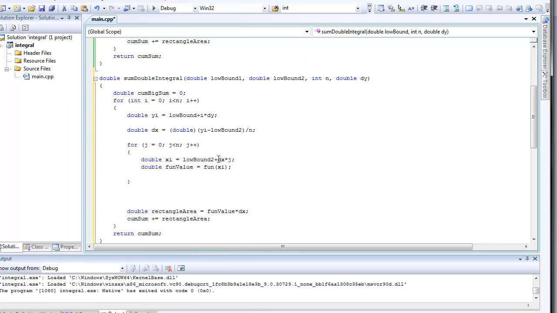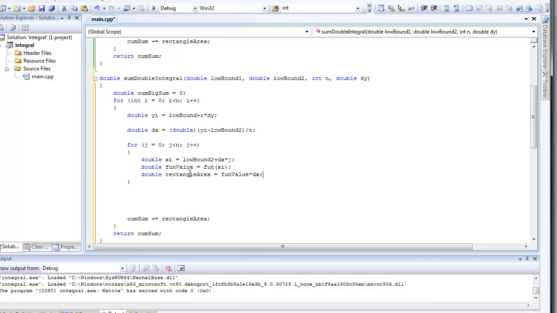And here we compute the value of the function, and like before, we need to calculate the rectangle area. So we just take this. The rectangle area is, yeah, that should be fine. That's perfectly okay.